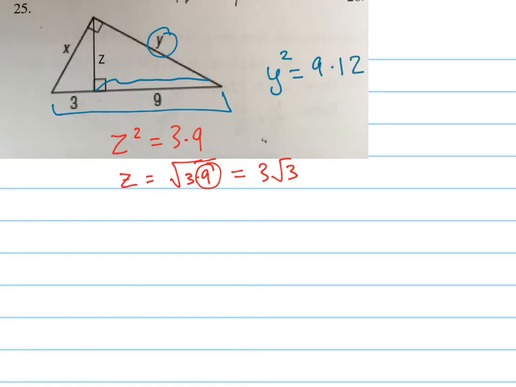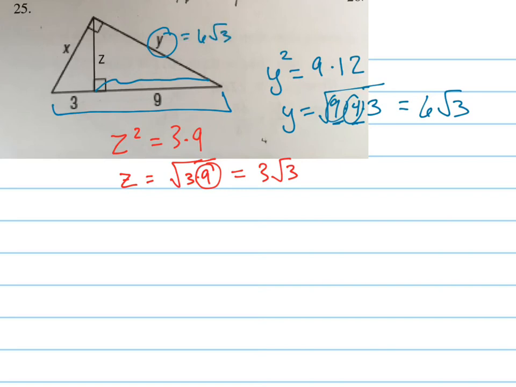Exactly. 9 times 12. And again, simplify before you complicate. So let's take the square root of this. Don't multiply 9 and 12 together. In fact, break 12 down. 12 is really 4 times 3, right? So you can see that these are both perfect squares. So this is 3 and this is 2. So it's 6 root 3. So y equals 6 root 3.